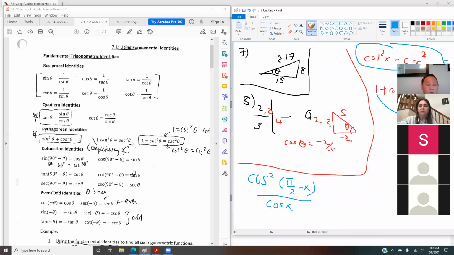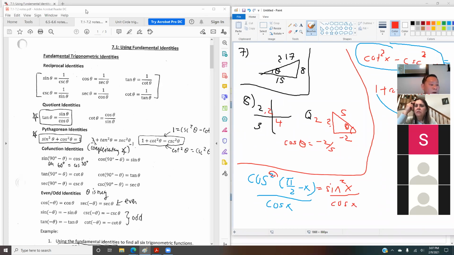So cosine of pi over 2 minus x is the same thing as sine x. So this whole thing is the same as sine square x over cosine x.